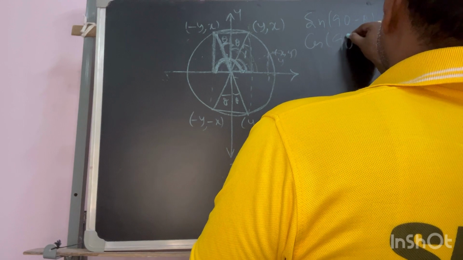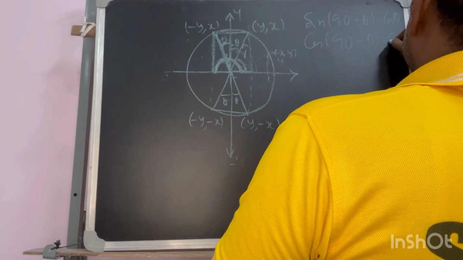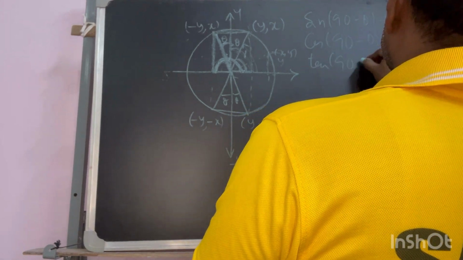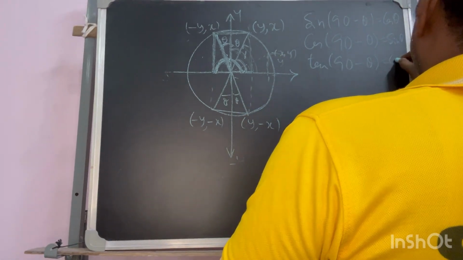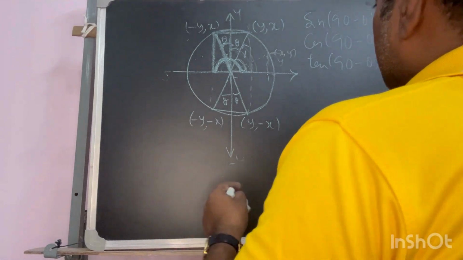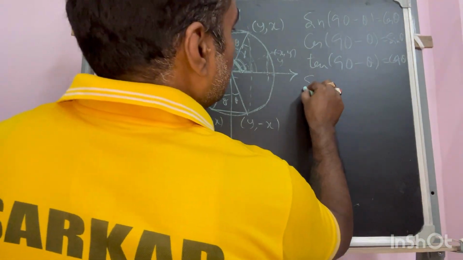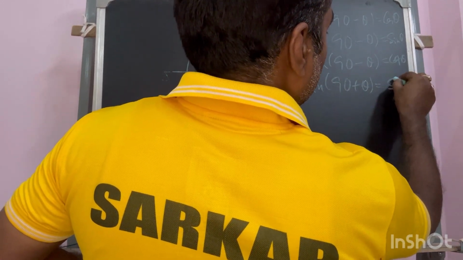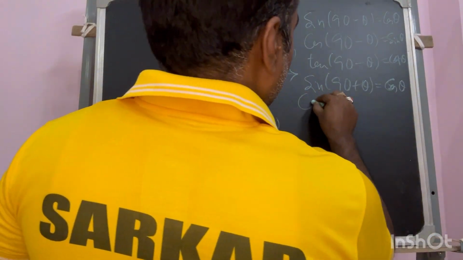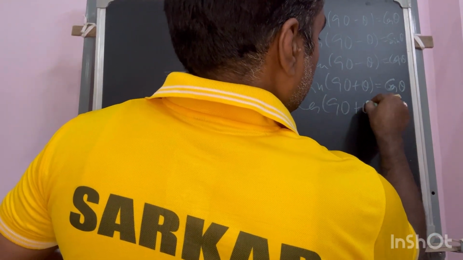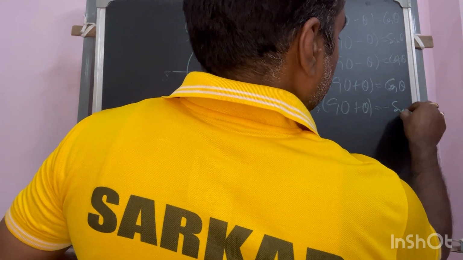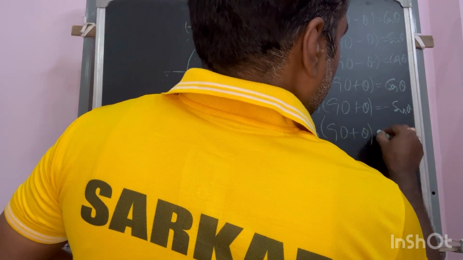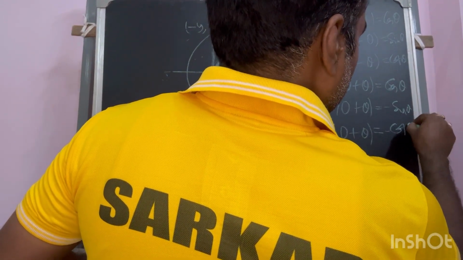Cos 90 minus theta is equal to sin theta. Tan 90 minus theta is equal to cot theta. Now in the second coordinate, what do we learn? Sin 90 plus theta is equal to cos theta. Cos 90 plus theta is equal to minus sin theta. Tan 90 plus theta is minus cot theta.